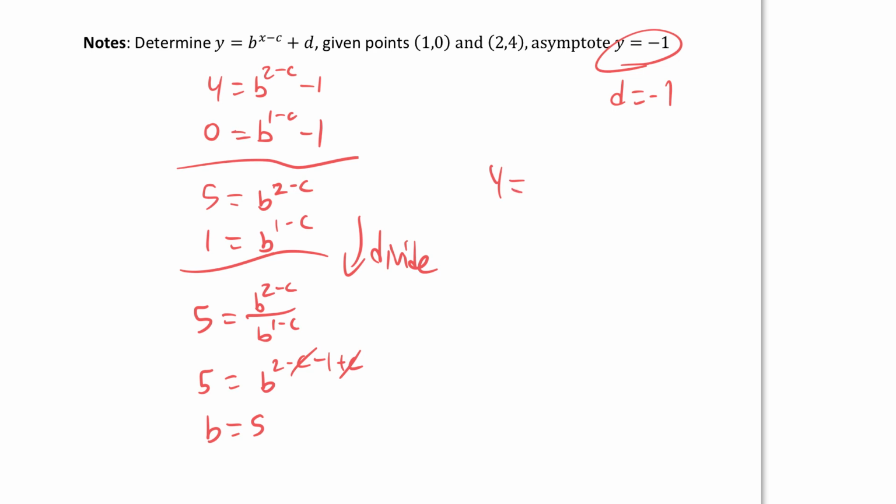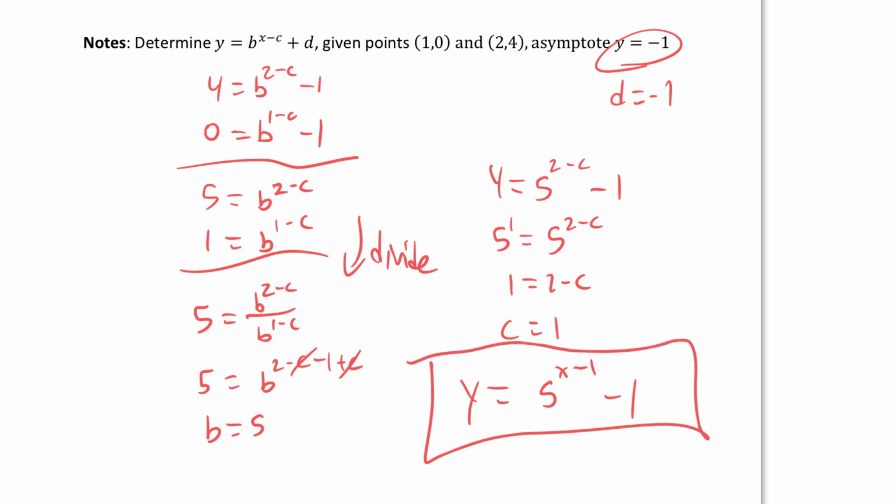So 5 equals 5 to the 2 minus c, so we'll call that 5 to the 1. Drop the base, and you get c equals 1. So our final equation is y equals 5 to the x minus 1 minus 1.